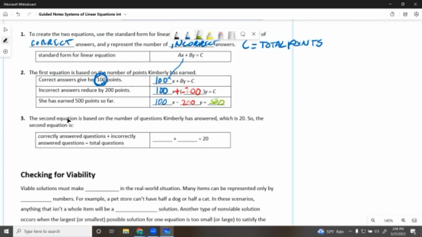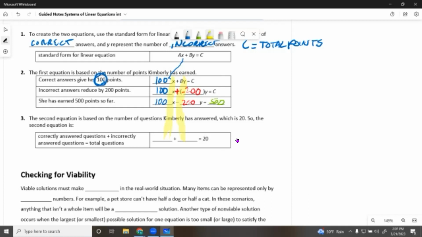The second equation is based on the number of questions Kimberly has answered, which is 20. So we have x, and then we also have y, equals 20.